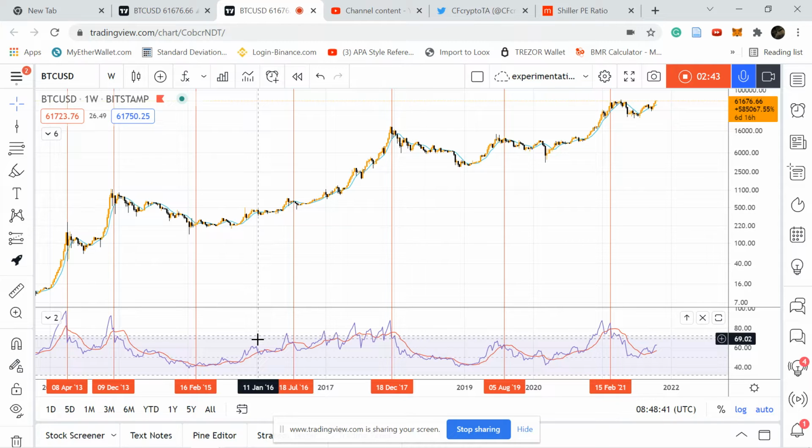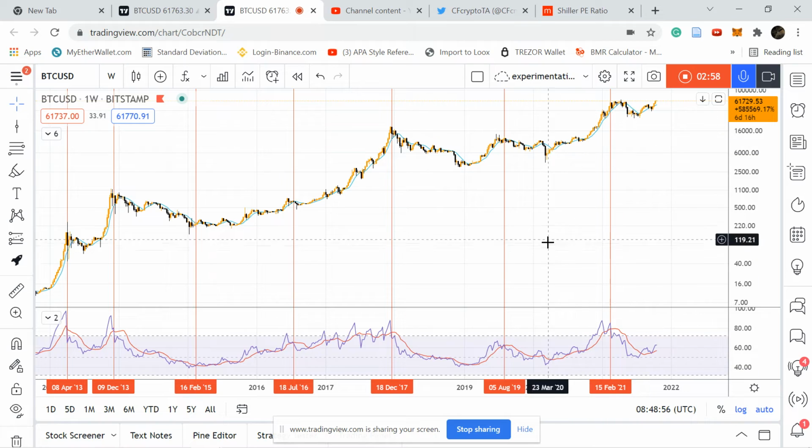This is half of the period of the RSI, so it can give us some reliable signals.